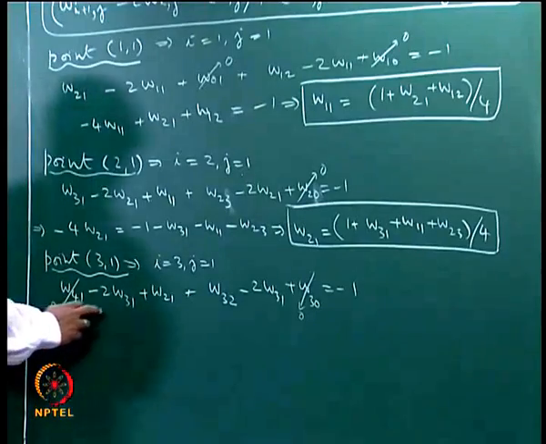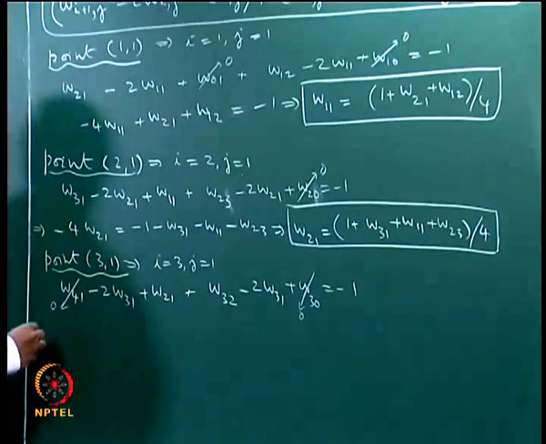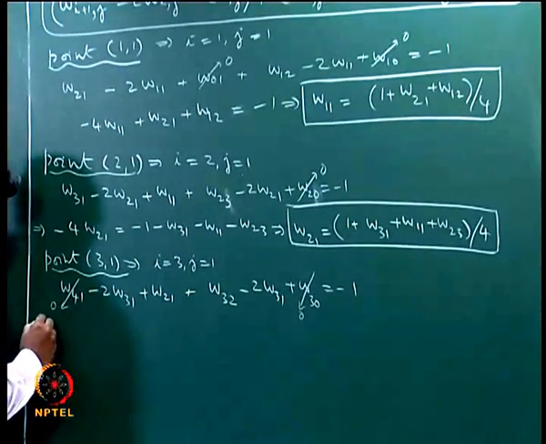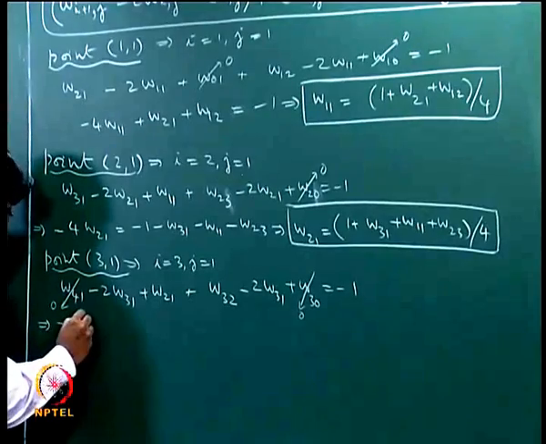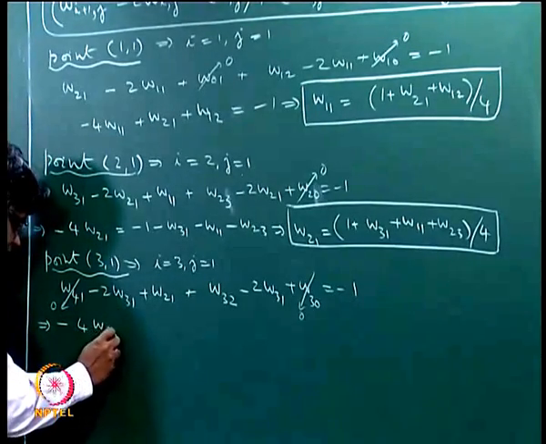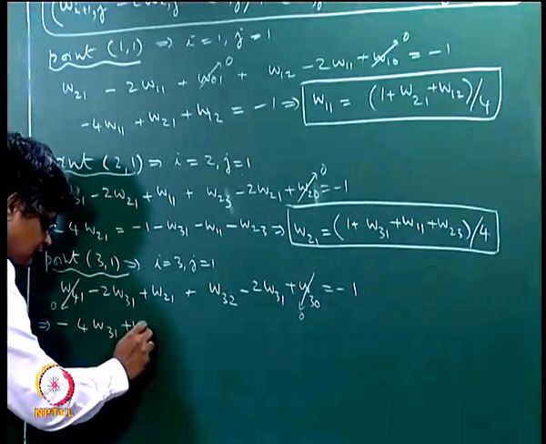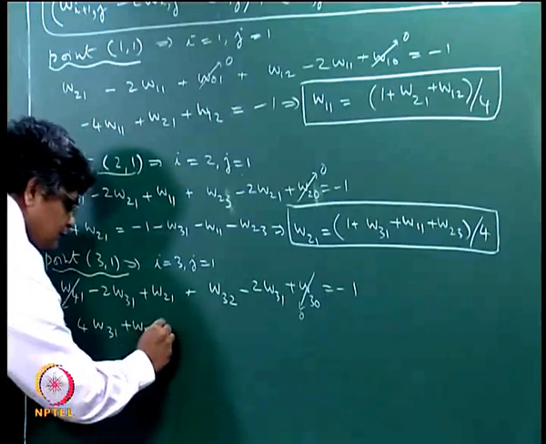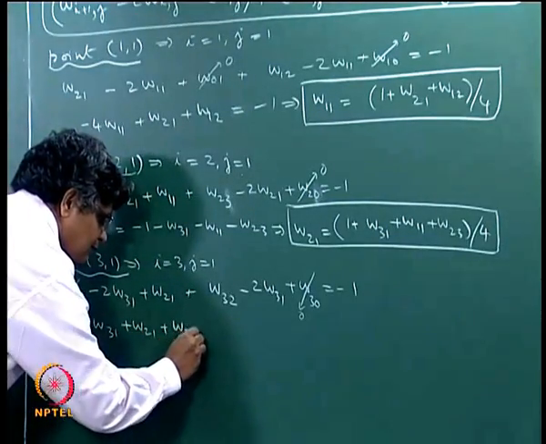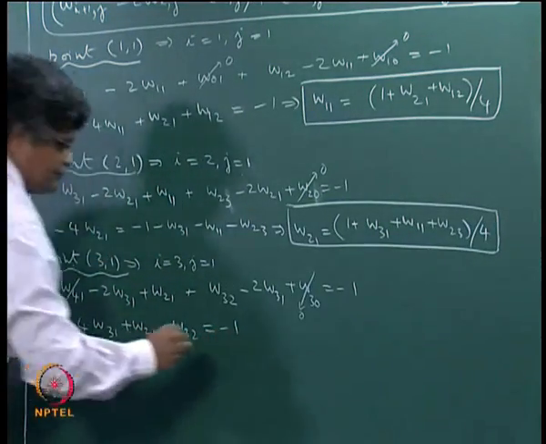So we can rewrite this equation as minus 4W31 plus W21 plus W32 equal to minus 1.